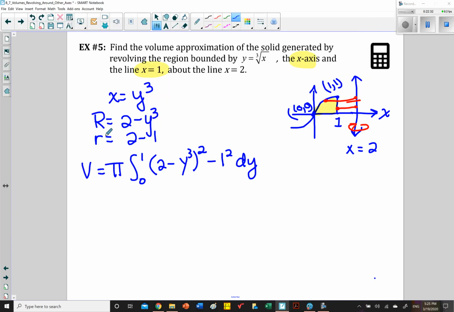So the volume on the calculator exactly is 15 pi over 7. If we needed a decimal approximation, 6.732. So either one, when they don't tell us.